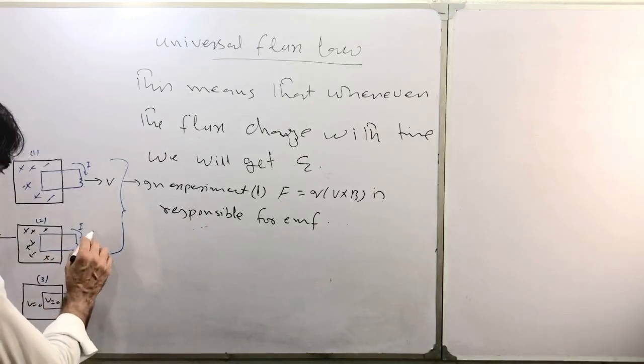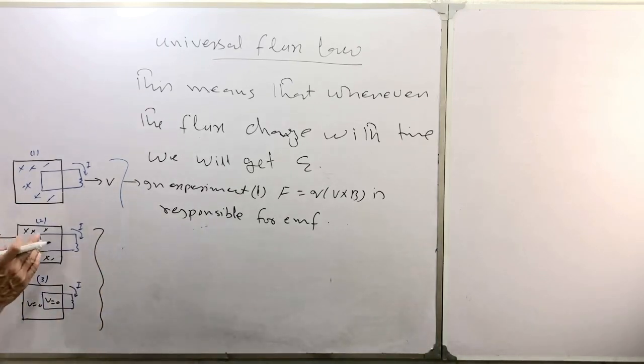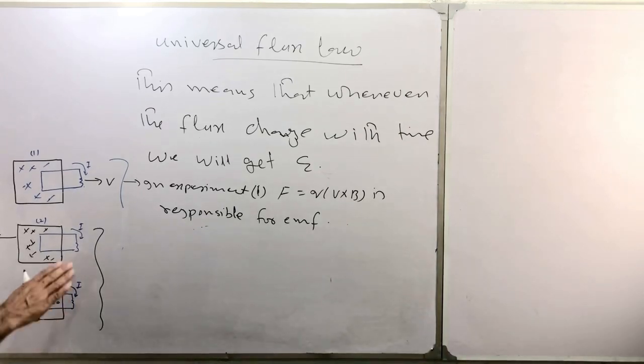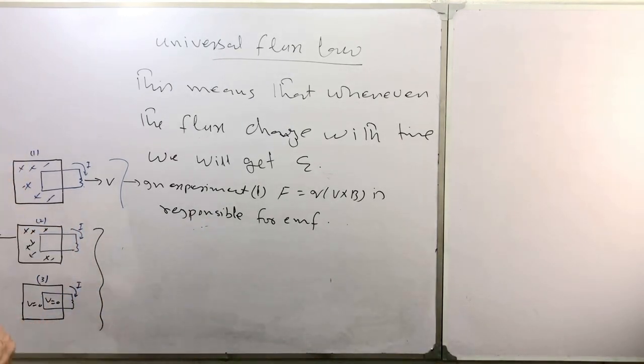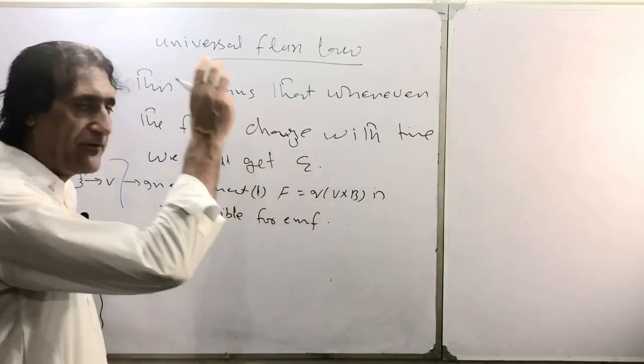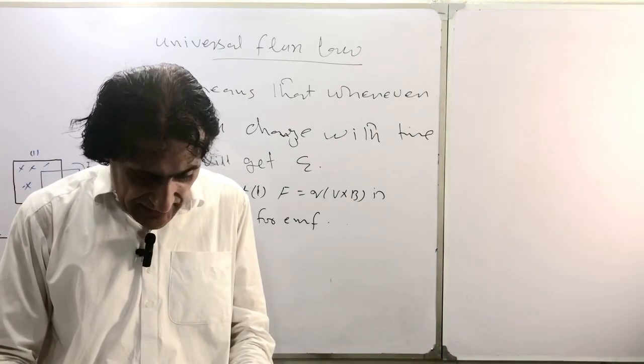But in the other two experiments, because in experiment 2 the magnetic field is moving, there is no motion of the loop. In the third experiment, the loop and the magnetic field have velocity 0, and only the strength of the magnetic field is changing. So who is responsible for the EMF here? Here the charges in the segment remain in a static position.